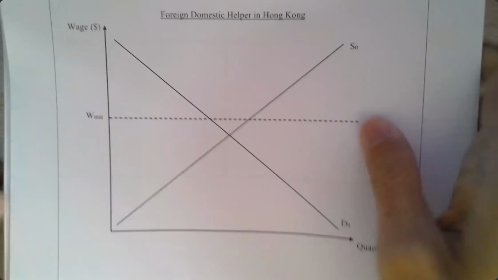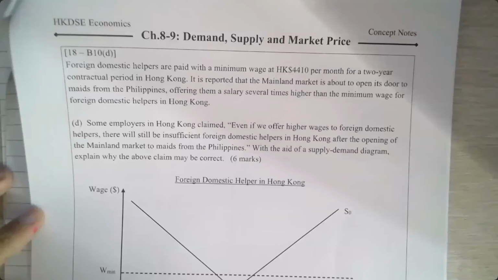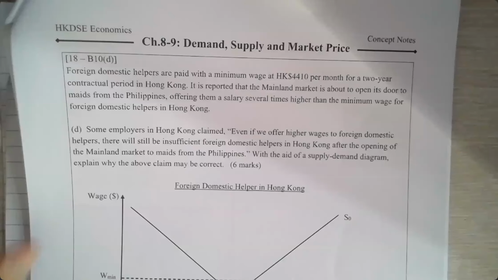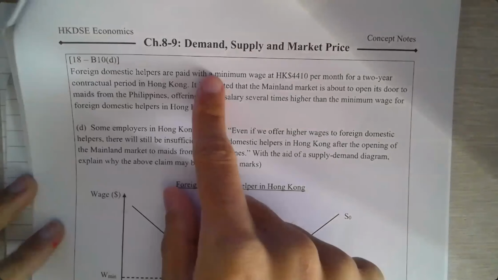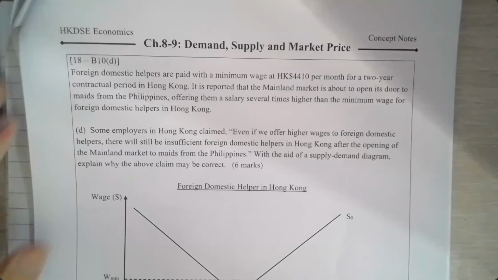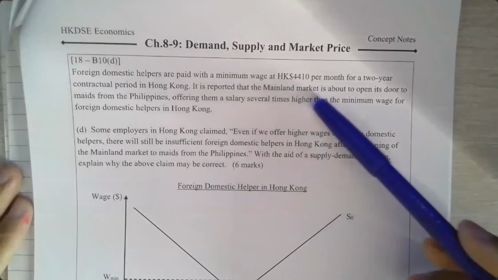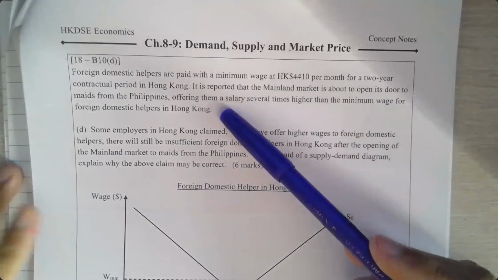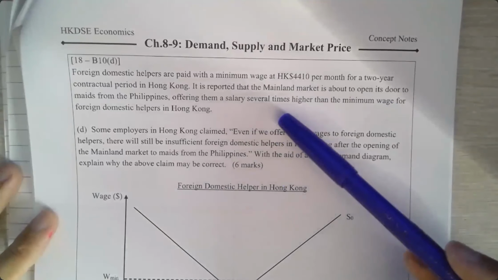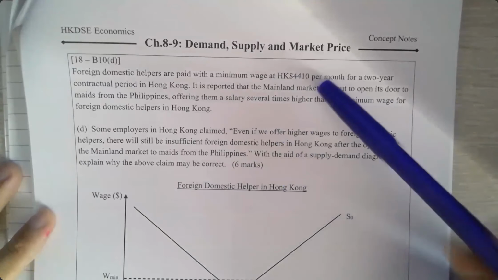Actually, 1 more question. Then we are done with this video. Let's look at this. It says foreign domestic helpers are paid with a minimum wage of this per month. I think this is no longer true, it should have been raised. It is reported that the mainland market is about to open its door, offering a salary several times higher than the minimum wage in Hong Kong.